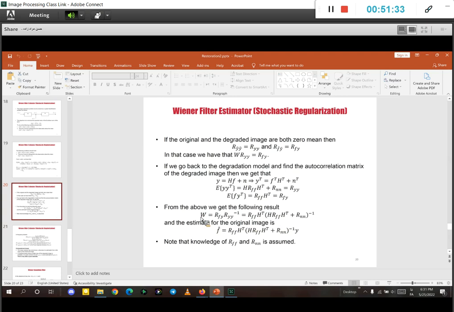This is the estimate for the Wiener filter, and the estimate for the original is F hat equal to W dot Y. To have these items we should know the autocorrelation of input and the autocorrelation of noise, so this is non-blind.